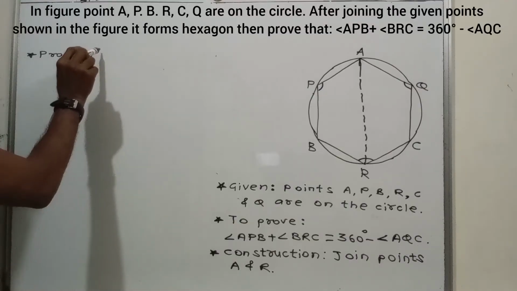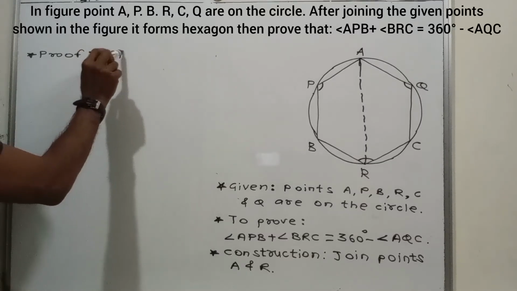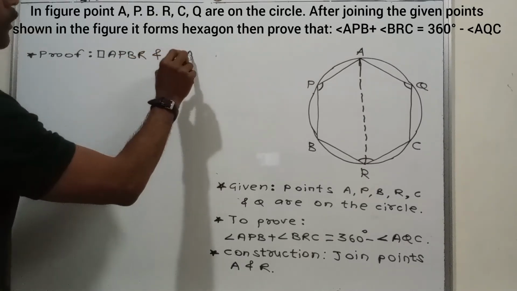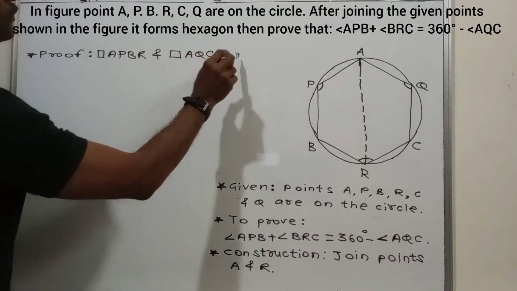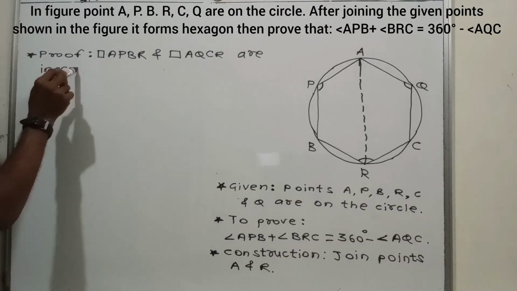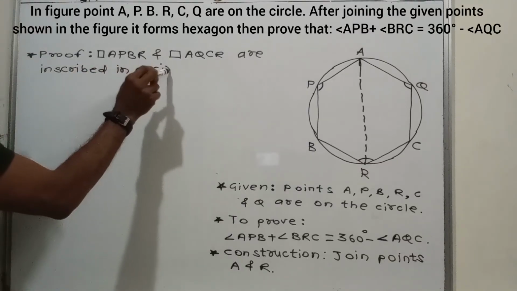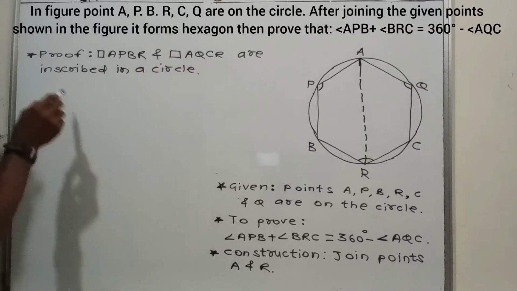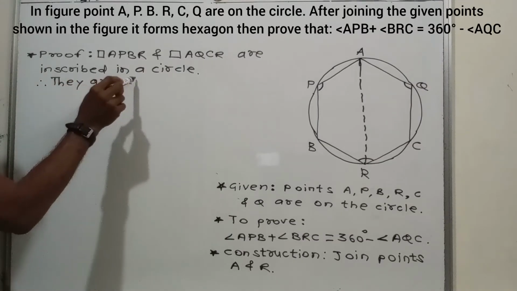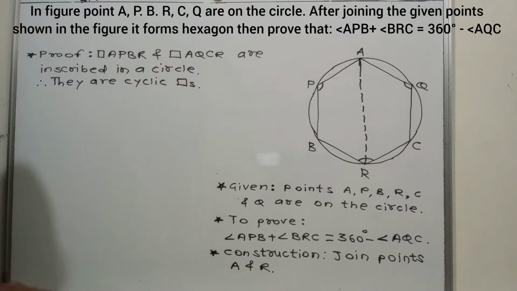See here, quadrilateral APBR and quadrilateral AQCR are inscribed in a circle, therefore they are cyclic quadrilaterals.